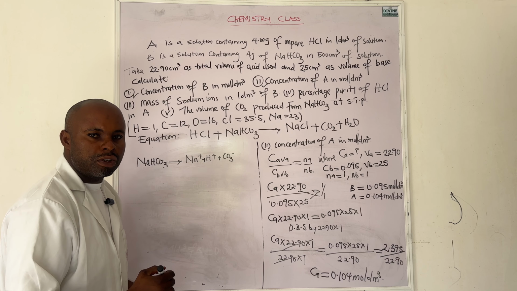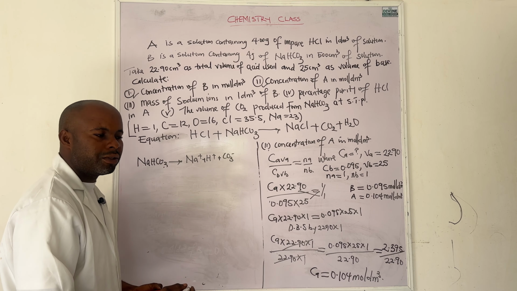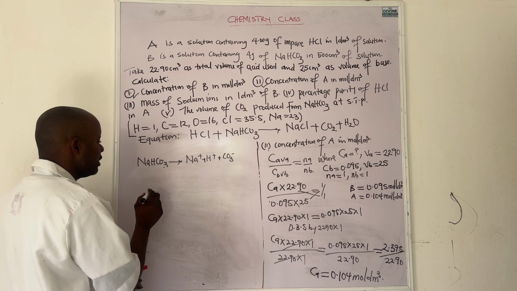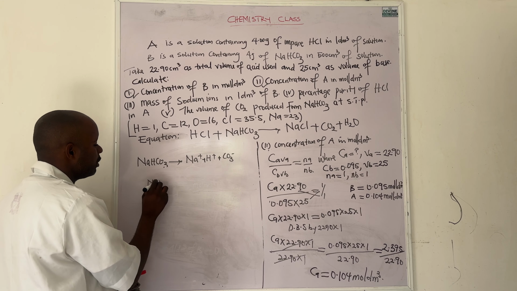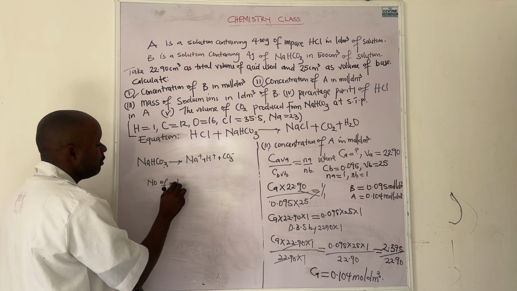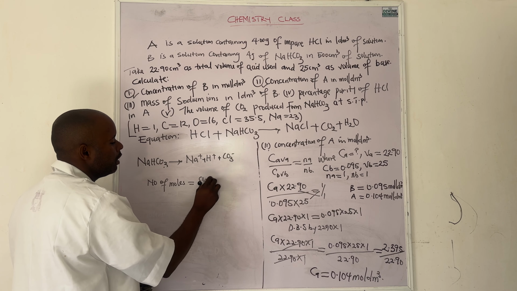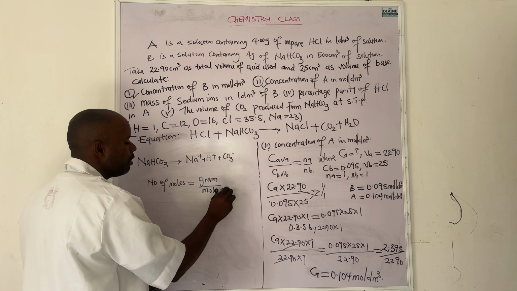In aqueous solution, number of moles equals molarity times volume all over 1000. Those are important equations in the laboratory. Here, the number of moles equals mass over molar mass.